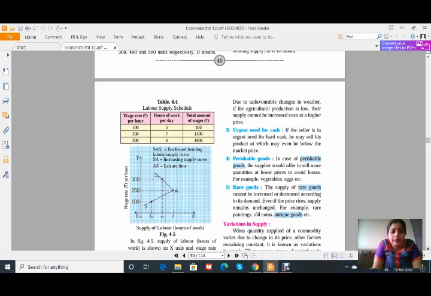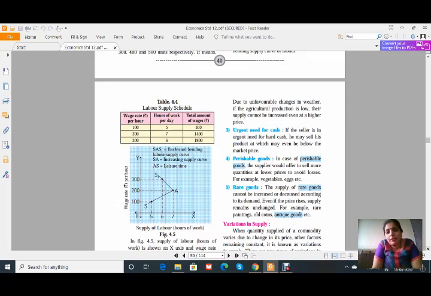SS is the increasing supply curve, while AS1 is the leisure time. Here again some misprint is there, so better you correct it. Therefore we can say that it is a backward bending labor supply curve, because at first it is increasing, and at the next level it goes on decreasing. It comes back.